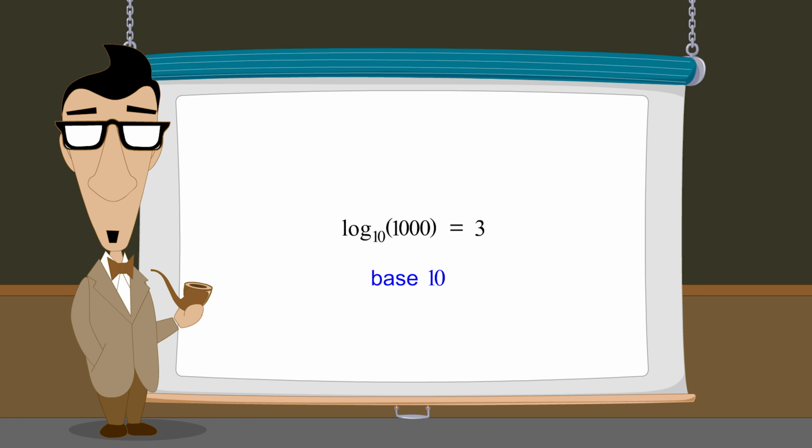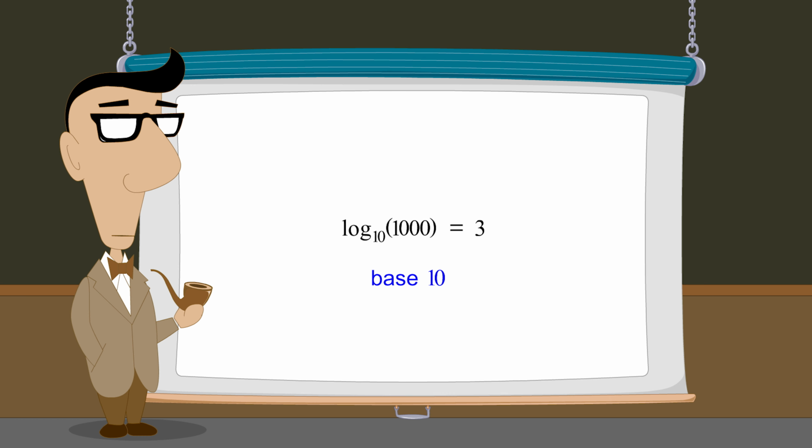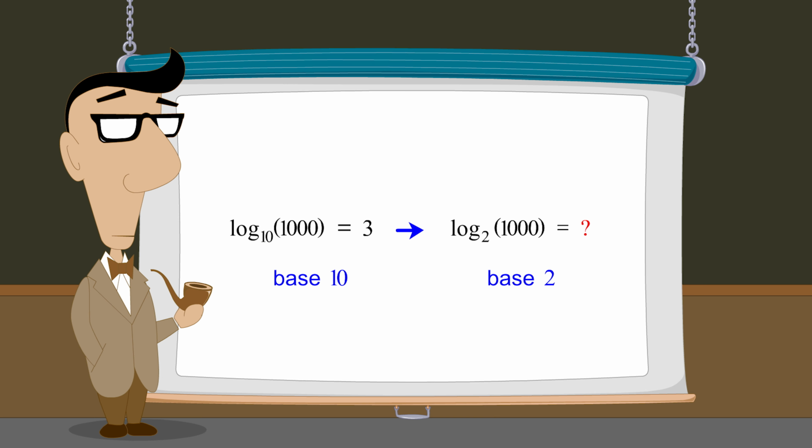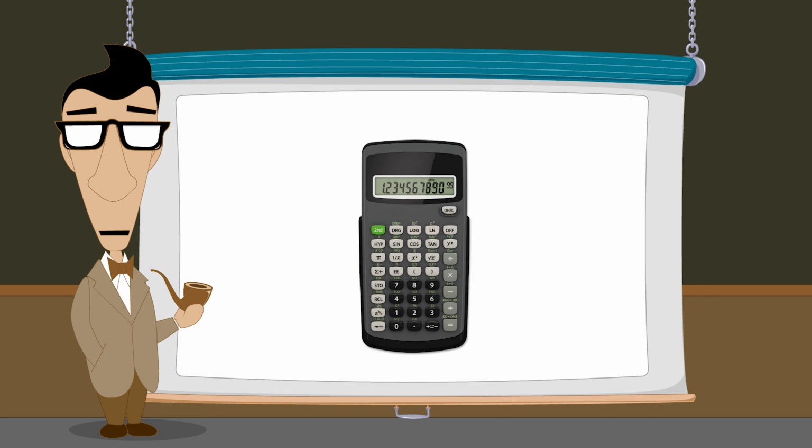However, let's say that we would like to find the log of 1000 with a different base. For example, what would be the base 2 logarithm of 1000? Scientific calculators can typically calculate logarithms with a base of 10 or e.